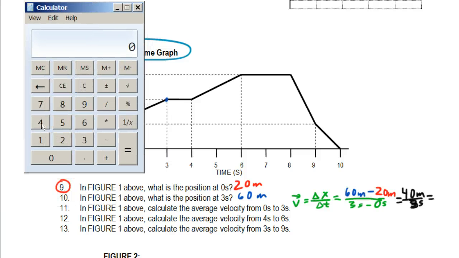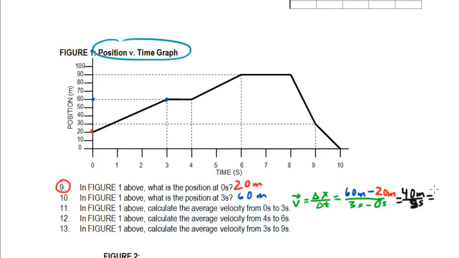So 40 divided by 3 is 13.33 repeating meters per second. And that's your answer for number 11, 13.3 meters per second. Okay, there's number 10.